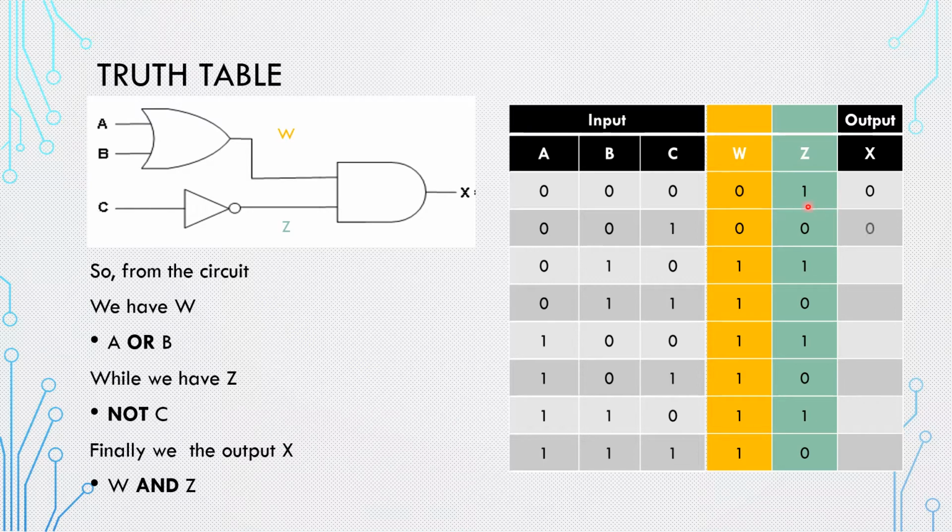So are they 1s? No, 0. Are they 1s? No, 0. Are they 1s? Yes. Here no. Here yes. Here no. Here yes. Here no. So this is the output for this circuit. So it does not have a direct relation. You need to study column by column in order to find the final relation between X and ABC.